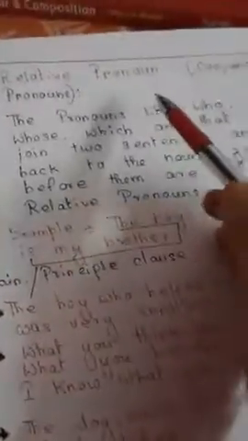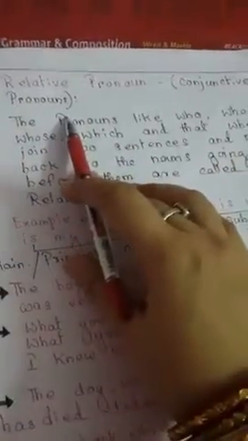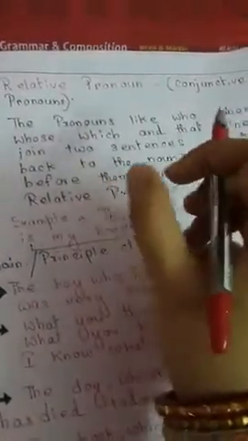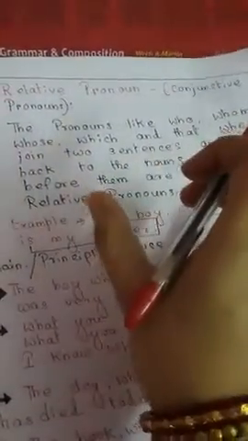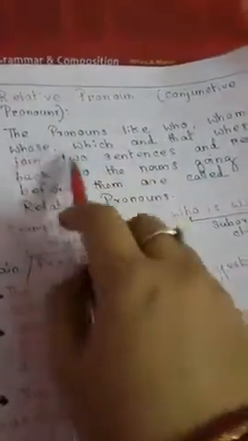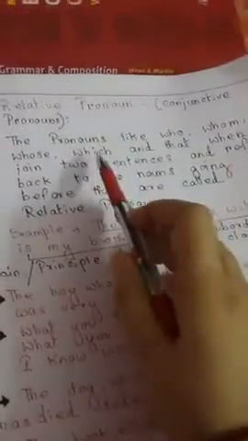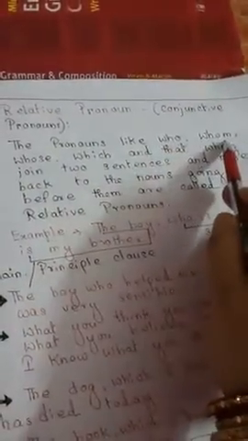Next, move on to relative pronoun. That is another kind of pronoun, student, and this is also called conjunctive pronouns, as the relative pronoun is used to join two clauses of a sentence. Two clauses means two parts of a sentence, with the words which, whose, who, whom.